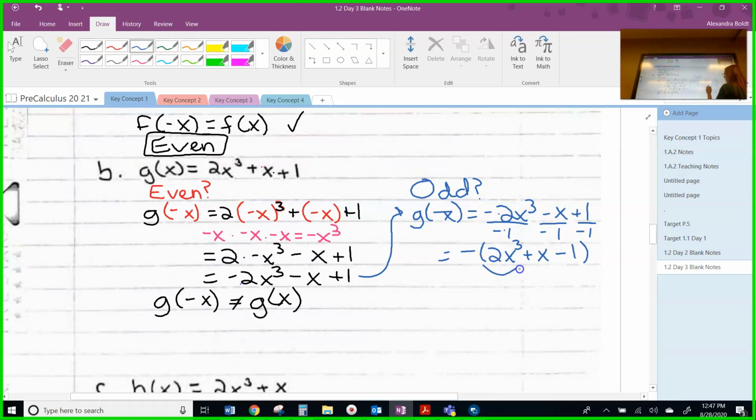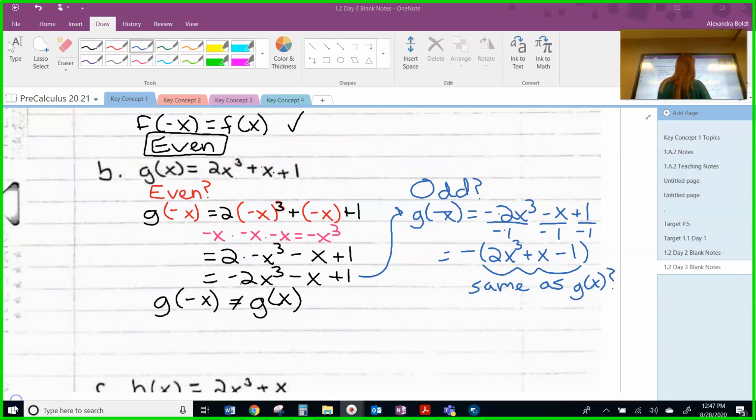Now I want to check, is this the same as my original function? And if I look, I have 2x cubed, that looks good. X, that looks good. And this one I have plus 1, and this one I have minus 1.